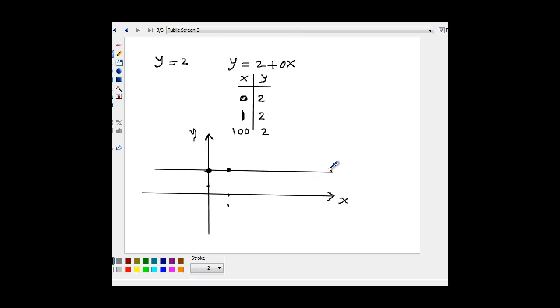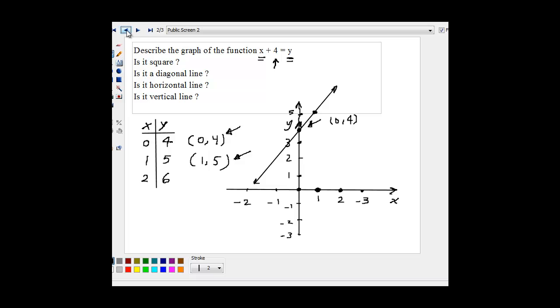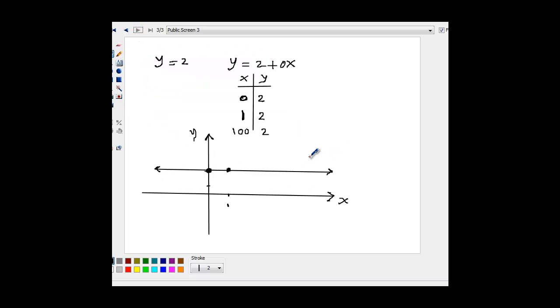So what kind of line is that, Parisa? Would it be square, diagonal, horizontal, vertical? Which one would that be? This line here would be y is equal to 2.